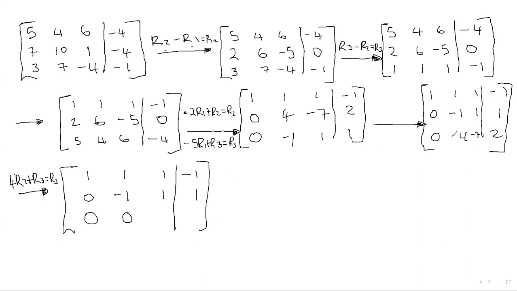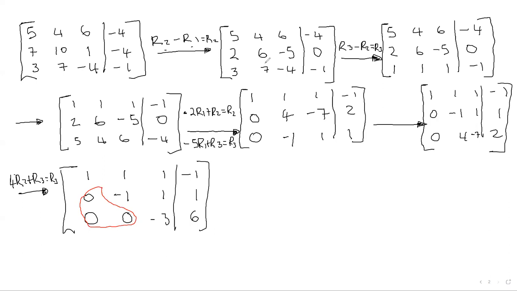Do the same thing. 4 times 1 is 4, -7 minus 3. And 4 times 1 is 4 plus 2, 6. Then now, voila. Look, I have the zeros. I have these zeros. Then I'm done.